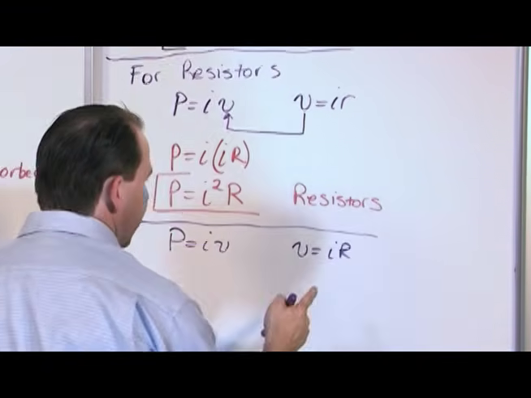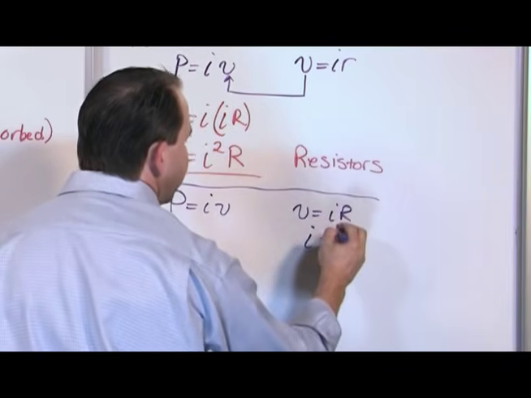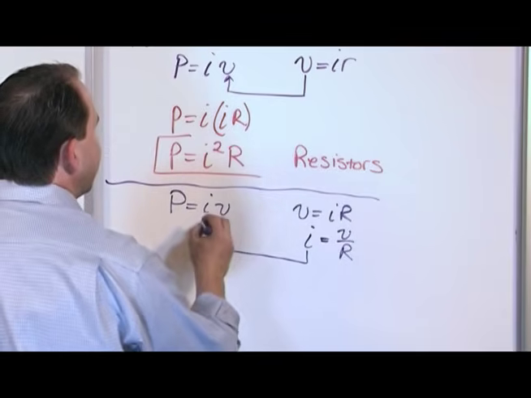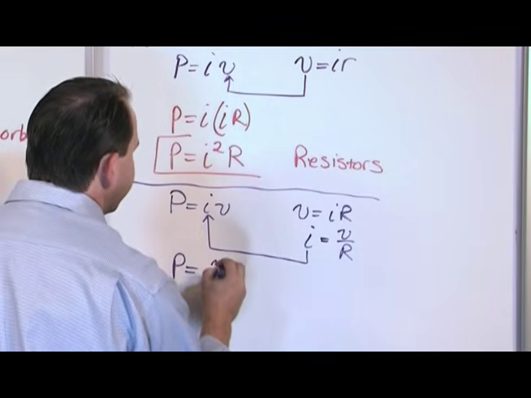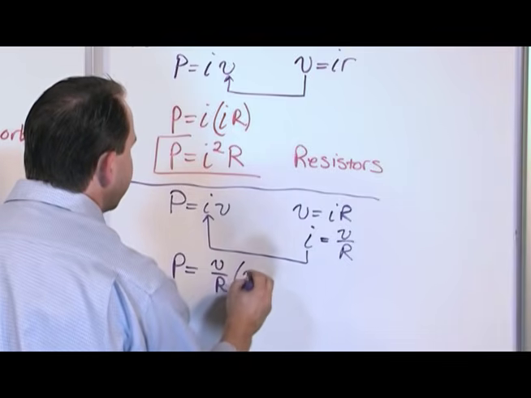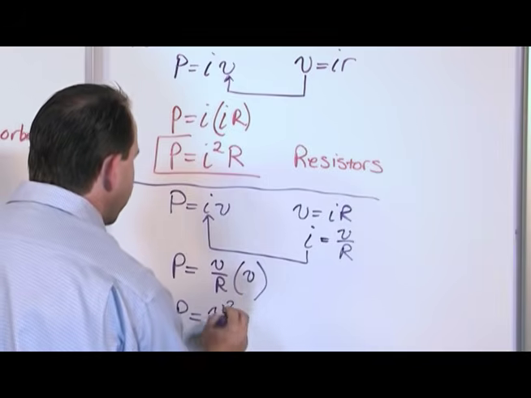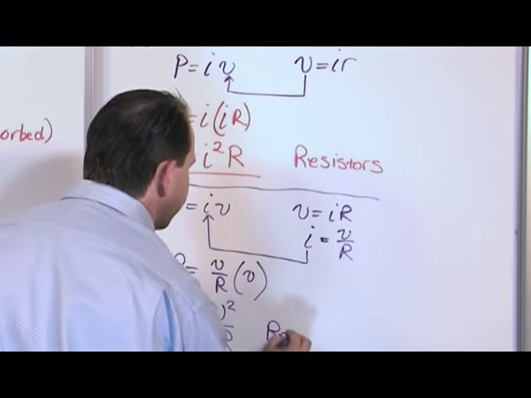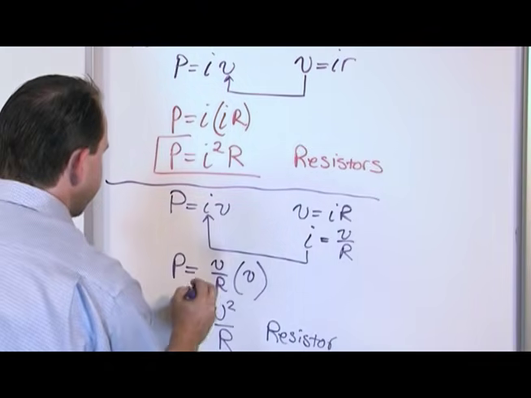But notice if we solve Ohm's law for I, we take V and divide by R. All we did was solve for I. If we take this I and stick it back in here, we get a slightly different relation. P is equal to V over R times V. So P is also equal to V squared over R for a resistor. You know it's for a resistor because you have a resistance involved in both of these cases.